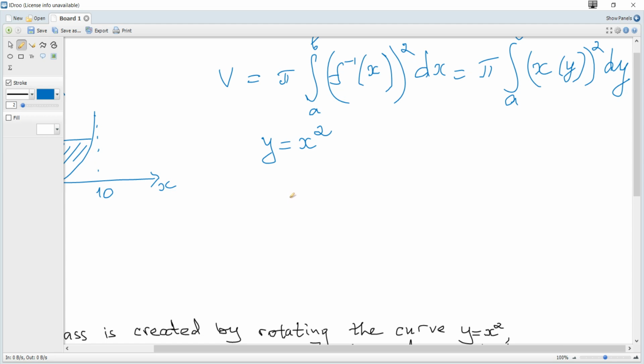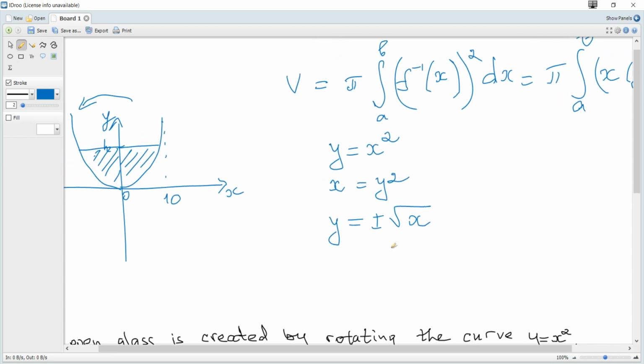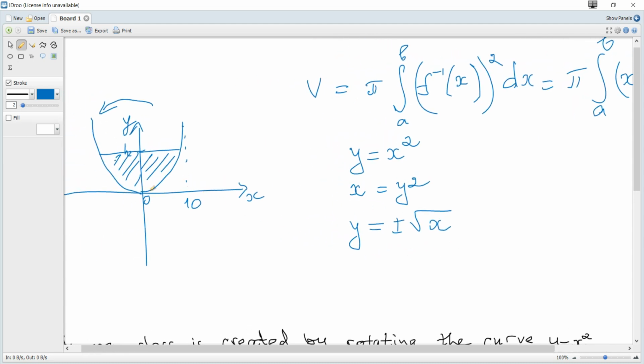We interchange x and y, so it becomes x is y squared, and y is, in general, plus minus square root of x, but you can see that since the function is y is x squared, for x positive, and you remember for a function and its inverse, x and y change each other. So for the usual function, x is positive, y is also positive.